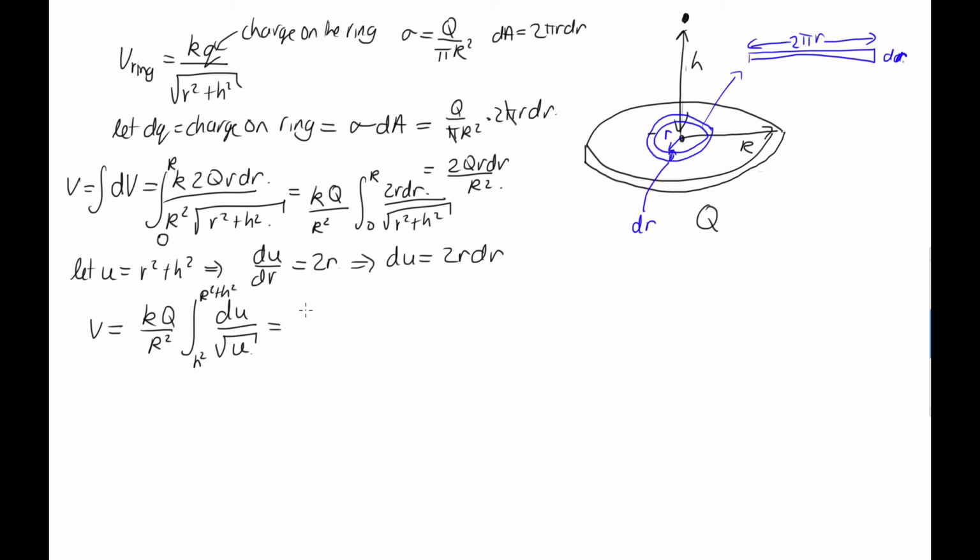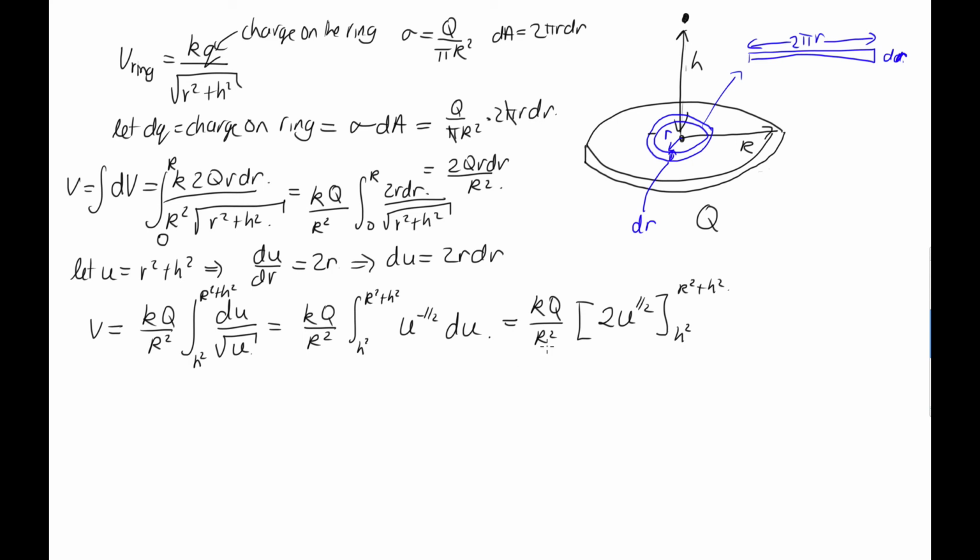So I can write this as kQ on R squared times the integral from h squared to R squared plus h squared of u to the minus a half du, which is then not too hard to integrate. Hopefully you can see that that is going to be equal to, well, I've got my constant out the front, and then I'll end up with 2u to the 1/2 from h squared to R squared plus h squared.